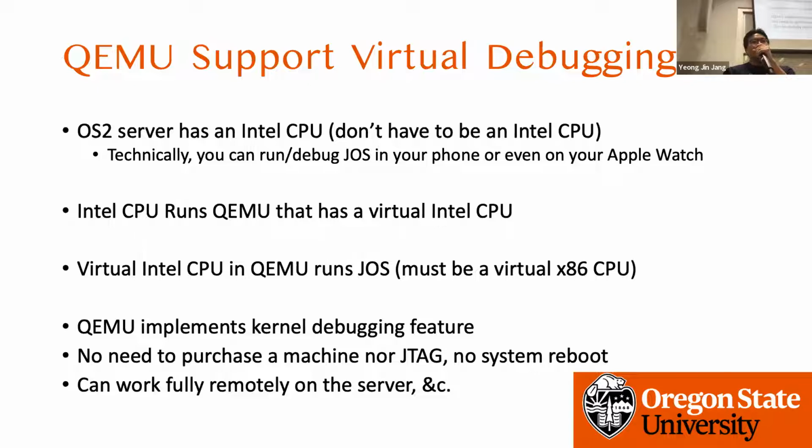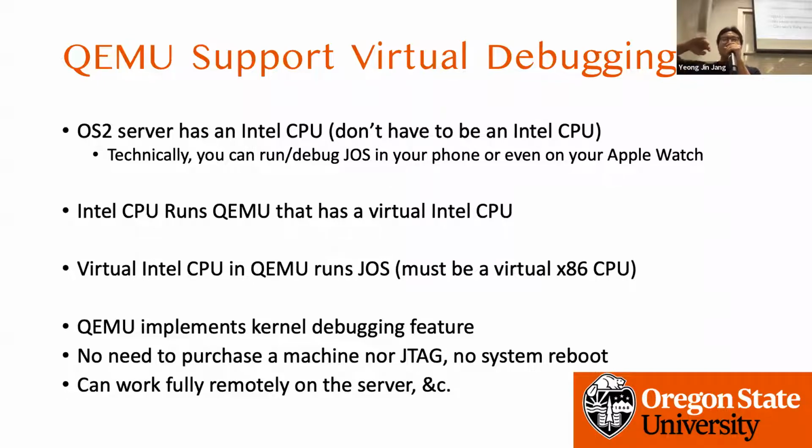So that's how they work at a high level. And then to give a little bit of information about the OS2 and QEMU setup in our system. The OS2 server has an Intel CPU, but to run JAWS inside of QEMU, the host CPU doesn't have to be x86 at all. Yeah, because we are not using hardware virtualization.